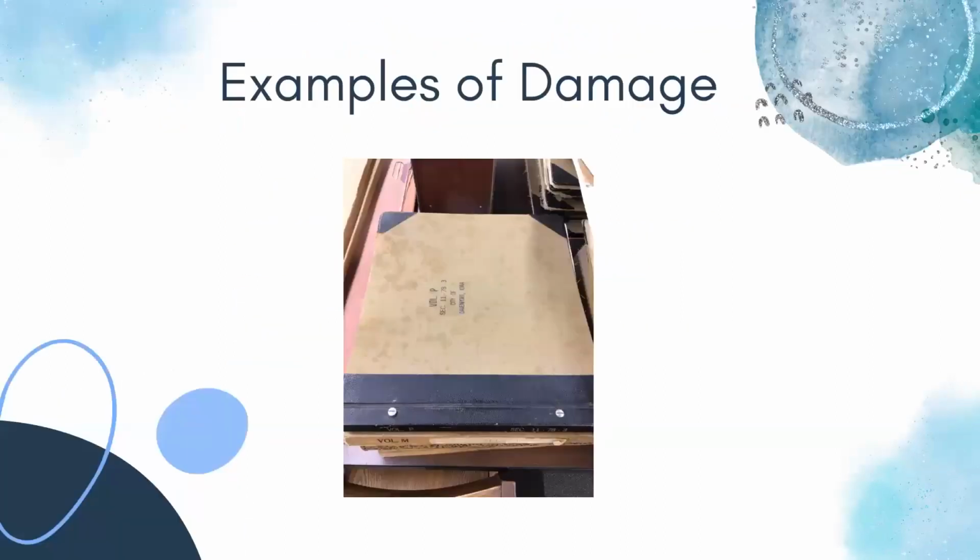And then just some examples of damage. While I've been working here at the Davenport Public Library, we had a patron who was attending a program series, and she brought in a stack of home photos, a photo collection from her family, and unfortunately they got wet at some point.